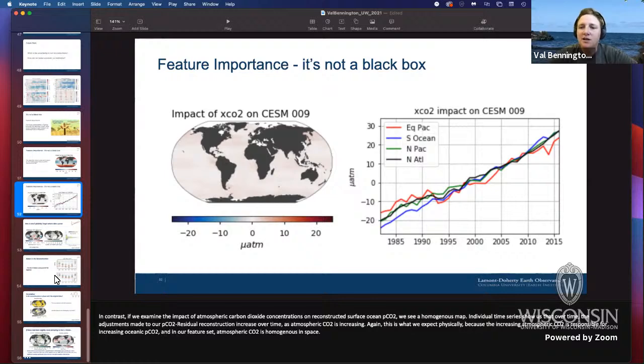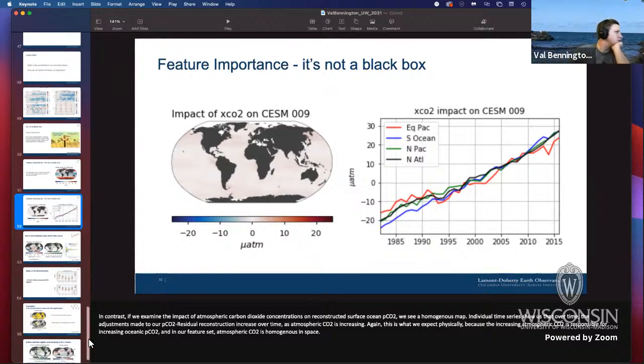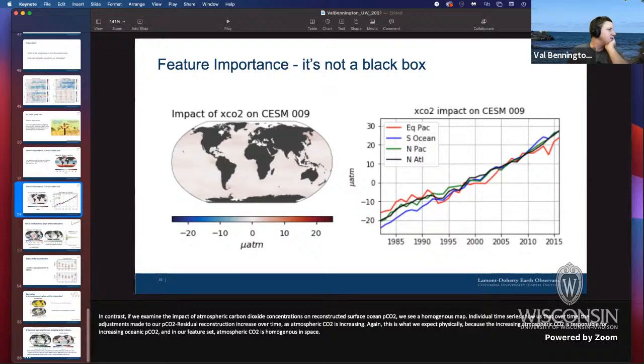And we do see an increase in the skill, not only right there in the Southern Ocean, but also throughout the globe, primarily in the high latitudes, where you see just a better model being produced.